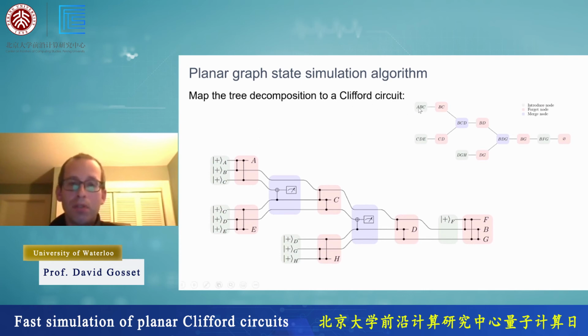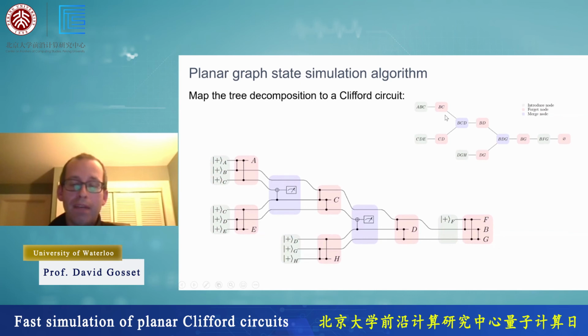When vertices are introduced, like in this introduce node, we add a qubit. Because the vertex C is in this bag, but it's also in this bag down here, on the left we have a qubit for vertex C, but we have another one for vertex C here. So in this circuit, there's a duplication of qubits from the original graph that we cared about.